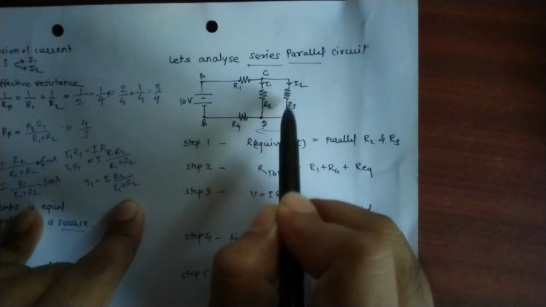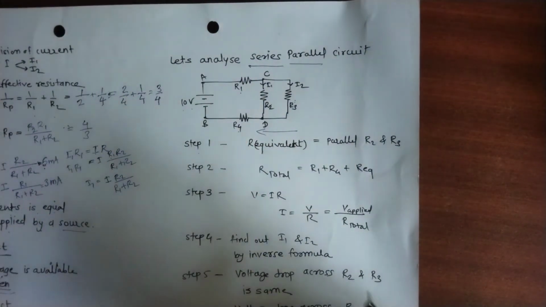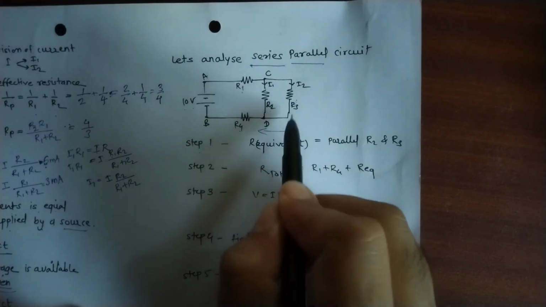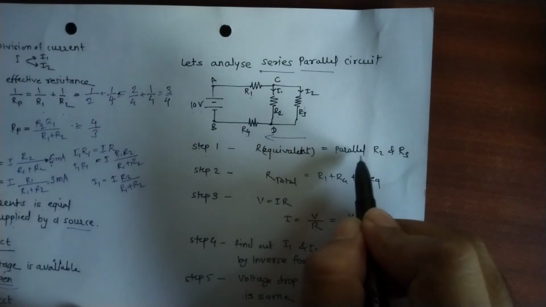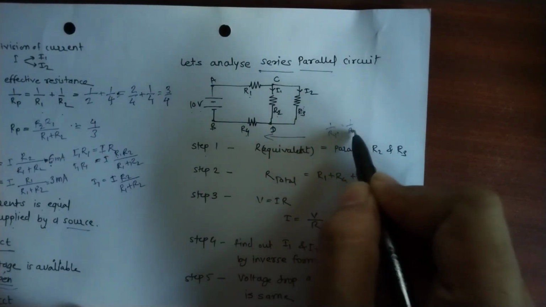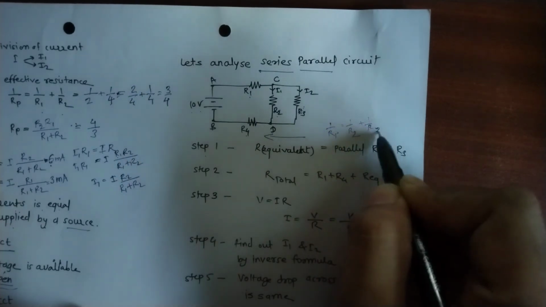So R3 and R2 are in parallel. So we can use the formula 1 upon Rp is equal to 1 upon R2 plus 1 upon R3.